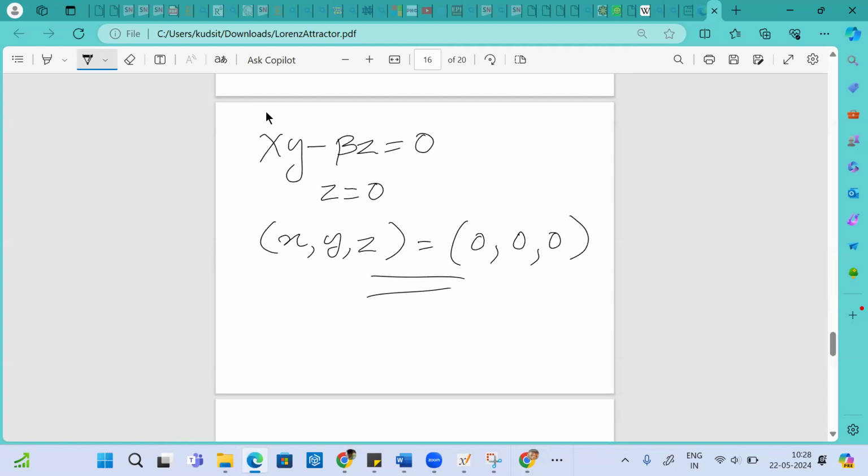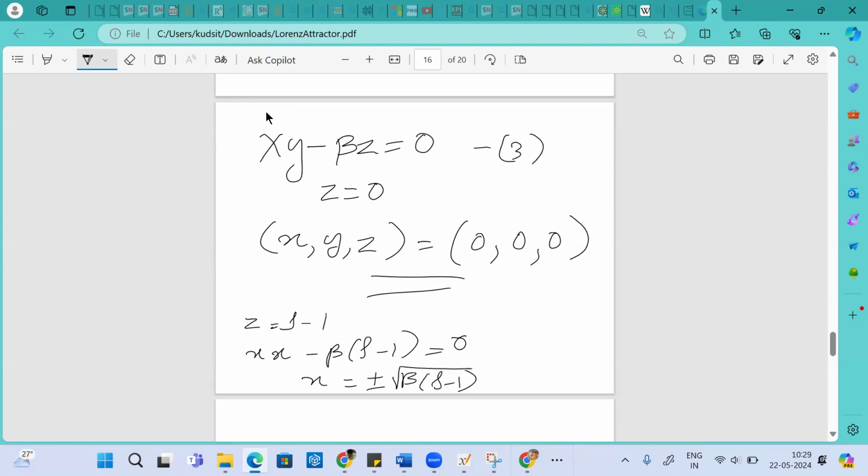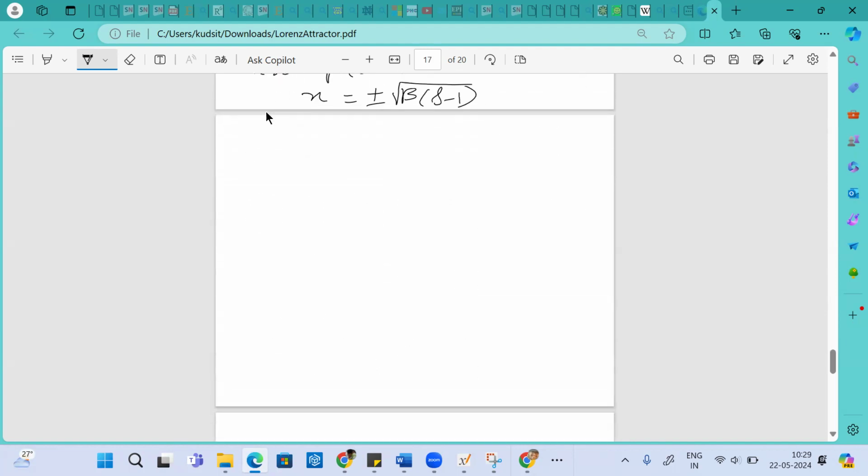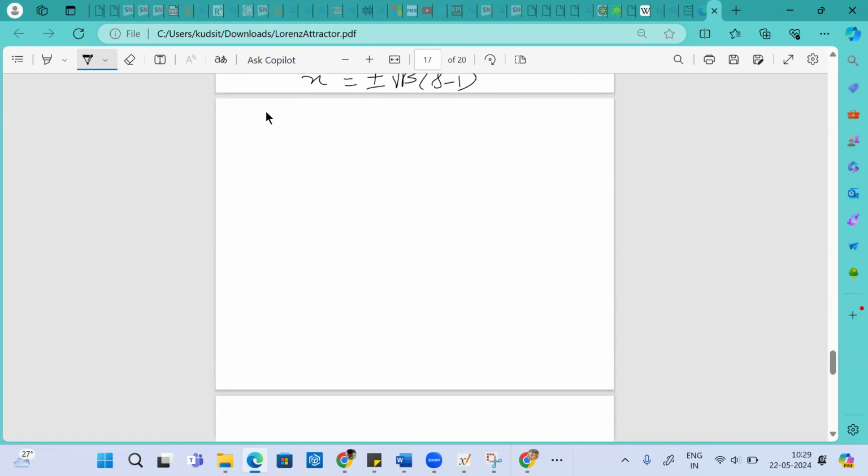Now let's consider the second case where z is equal to rho minus 1, and substitute it into the third equation. This is the third equation. By solving this, we get x equal to plus or minus root of beta into rho minus 1. Since y is equal to x, we also get y as plus or minus root of beta into rho minus 1.